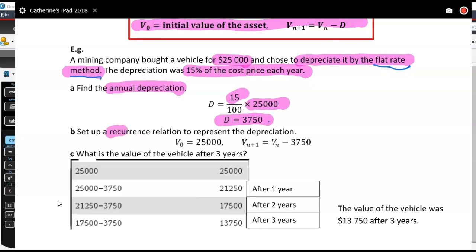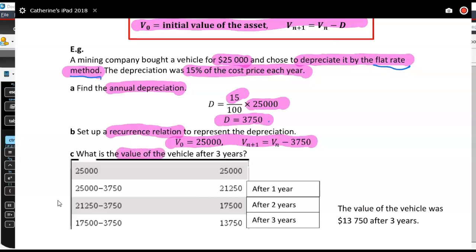So set up a recurrence relation to represent the depreciation. Our initial amount is $25,000, and our rule is Vn plus 1 equals Vn take away 3,750.